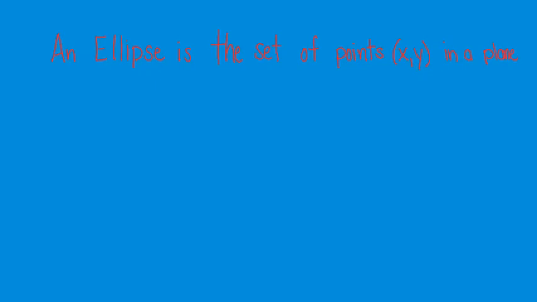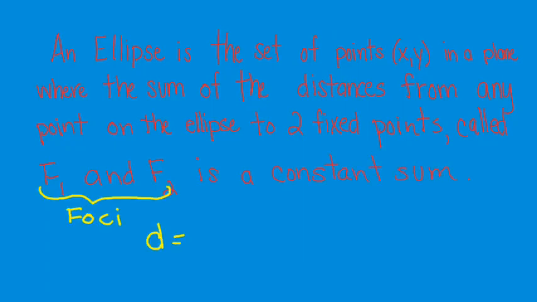So here's the definition of an ellipse. An ellipse is the set of points x, y in a plane where the sum of the distances from any point on the ellipse to two fixed points called F1 and F2, focus 1 and focus 2, or the foci, is a constant sum.